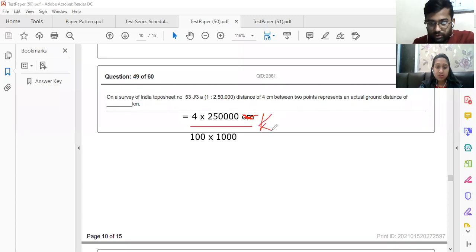So 3 plus 2 is 50, so 25 times 4 is 100. 100 by 10 means 10. So you get your answer: 10 kilometer.